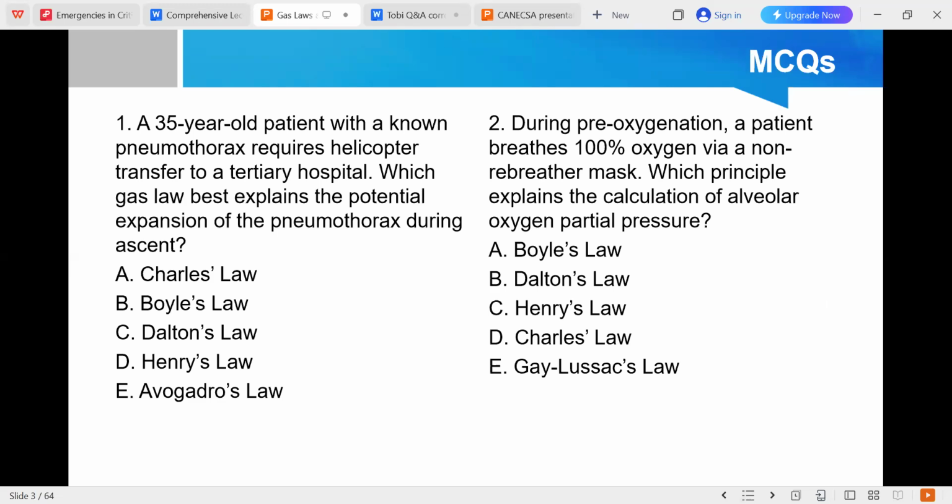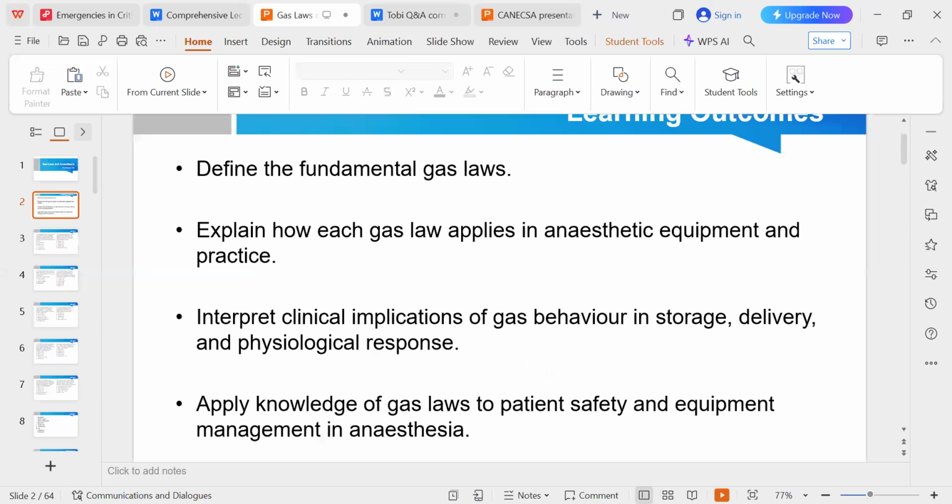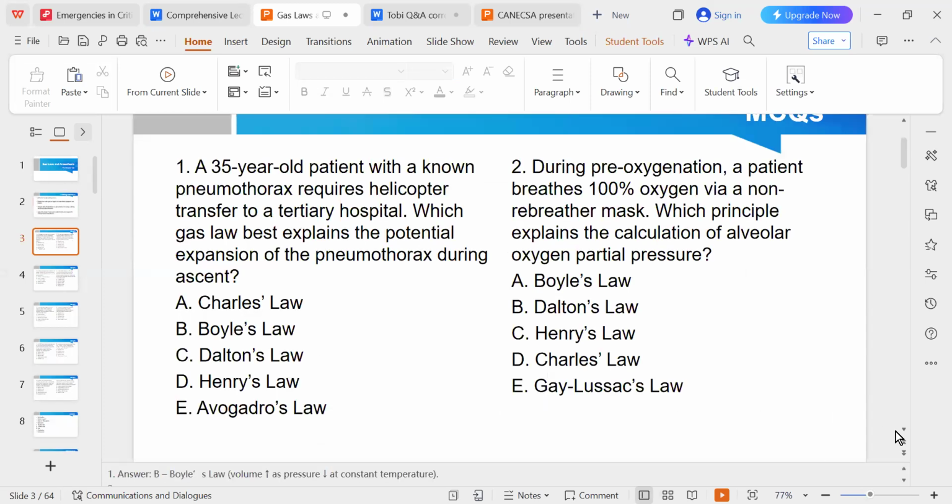All right, so let's just look at these questions. This MCQ. Number one question. A 35-year-old patient with a known pneumothorax requires helicopter transfer to a tertiary hospital.